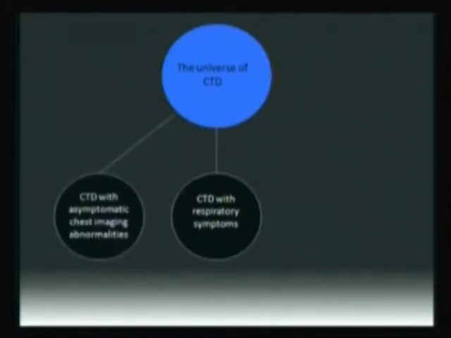It can be cough, it can be dyspnea, it can be anything, but they have to have respiratory symptoms. However, sometimes our radiologists take a high resolution CT scan in a patient with scleroderma. Nobody knows why. And they find chest imaging abnormalities. The patient is fine, no symptoms, normal lung function, but the CT scan is abnormal.